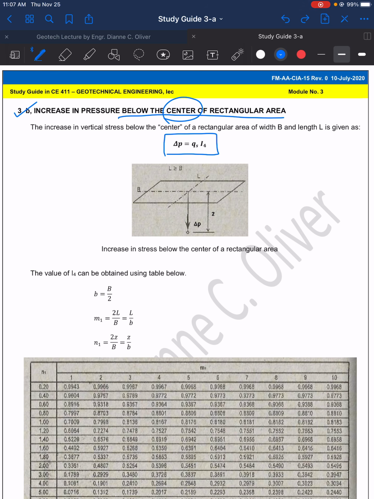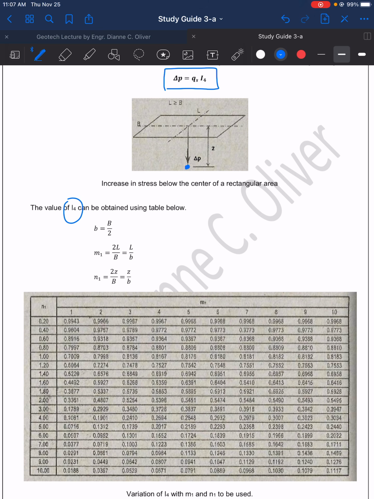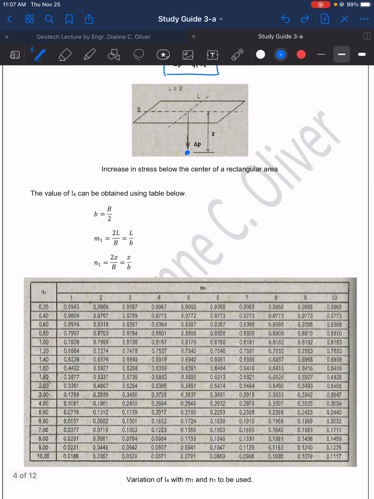So, given here the rectangular footing, we have delta P at the center of the rectangular footing at a depth z. Okay. The value of I sub 4 can be obtained using the table below. So this table is what we will use for I sub 4. Variations of I sub 4 with m sub 1 and n sub 1 to be used.